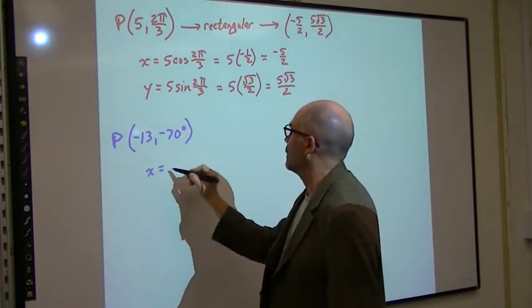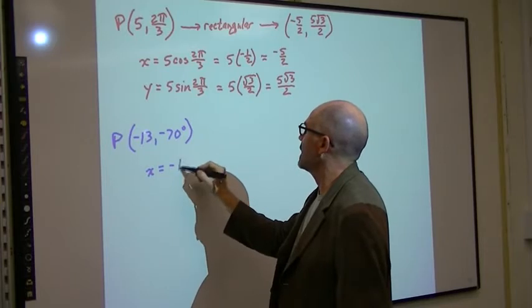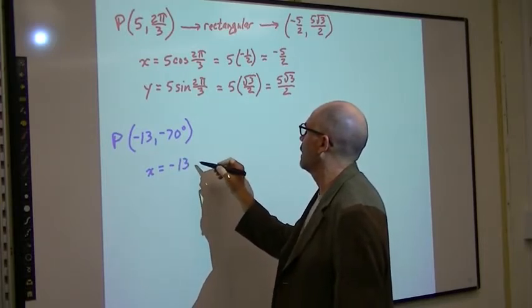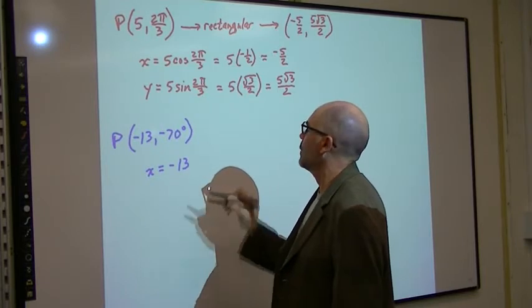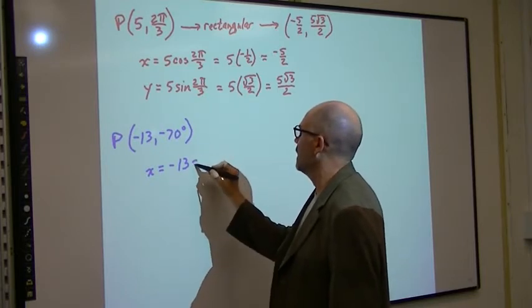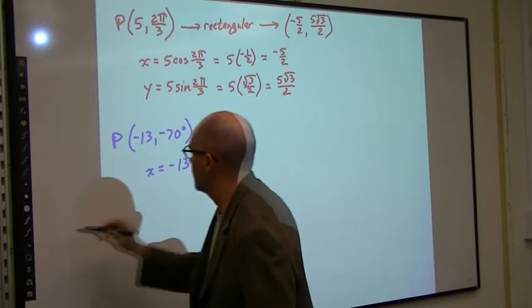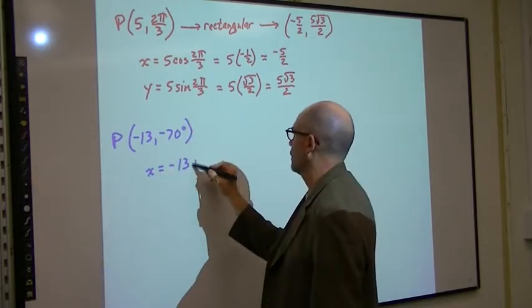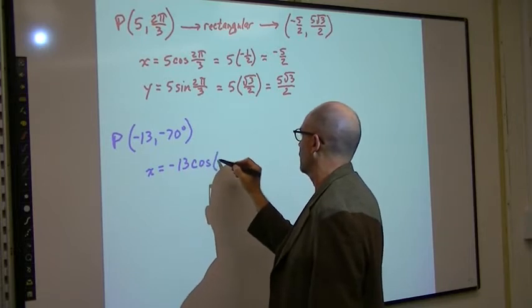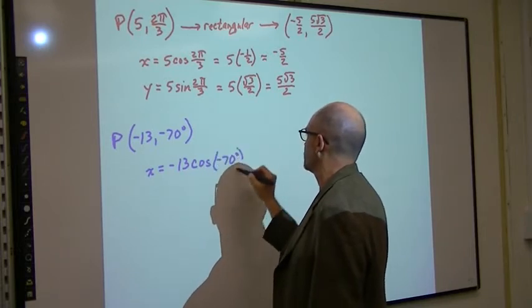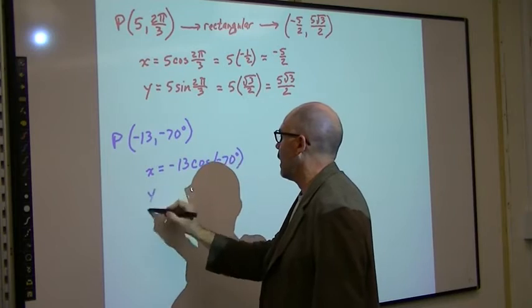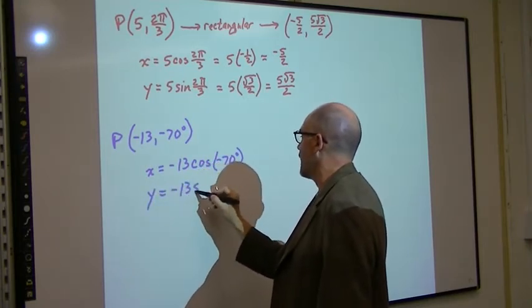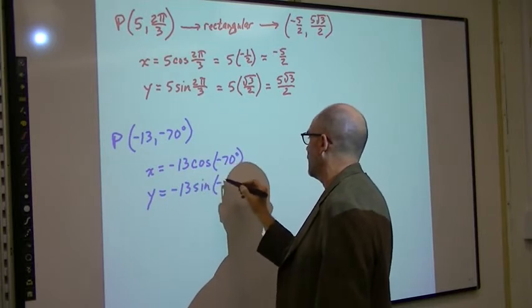X equals negative 13 cosine negative 70, and y equals negative 13 sine negative 70.